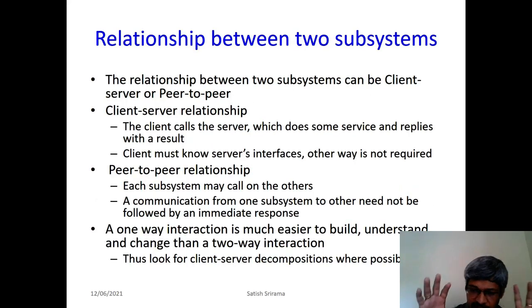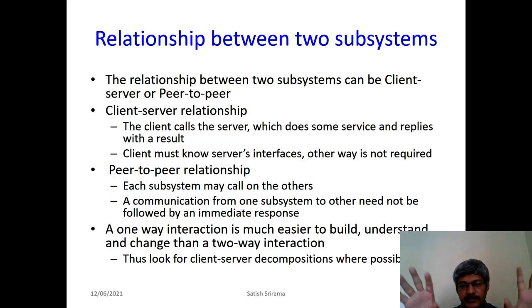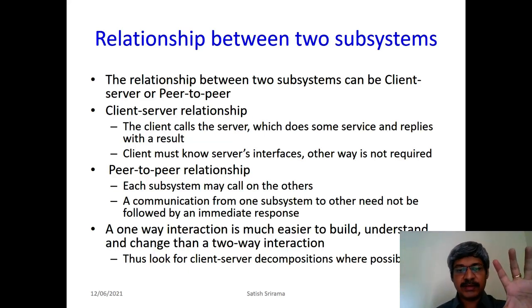Since the subsystems exist, you will split the system into these subsystems, and they can communicate. The relationship between two subsystems can be based on client-server or on peer-to-peer. In a client-server relationship, one subsystem acts as a server and another subsystem acts as a client. The client calls the server, which does some service for you and replies with a result.